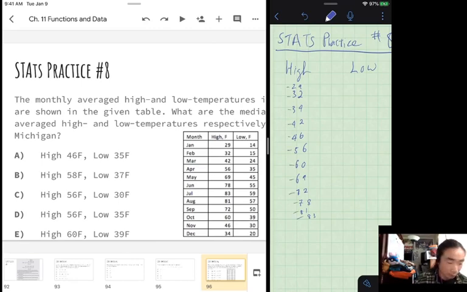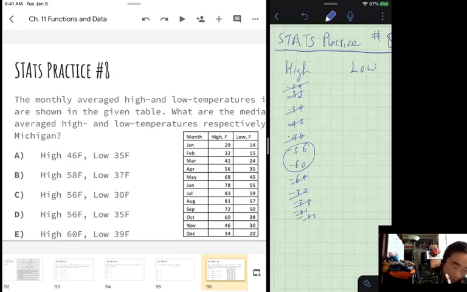All right, you should have 12 numbers each because there's 12 months there. Make sure both your columns have 12 numbers. Don't mind my dash marks.